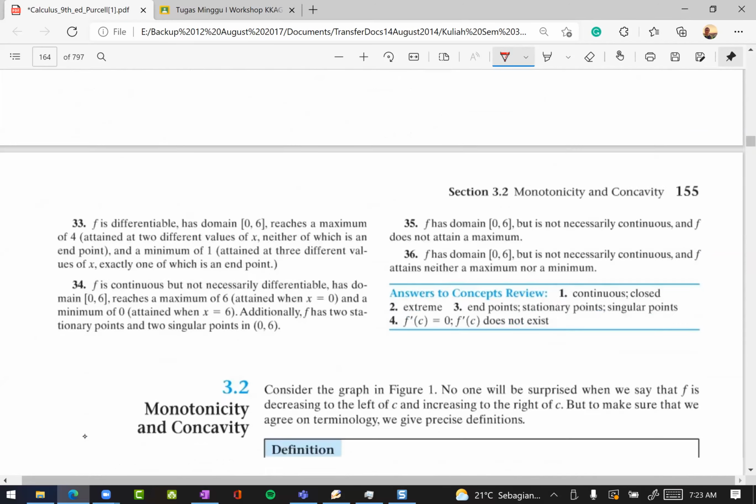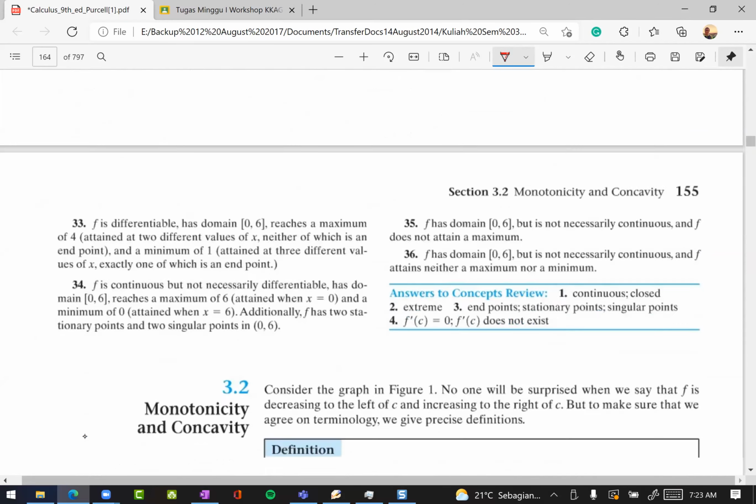If the derivative is positive, f is increasing. On the other hand, if it's negative, f is decreasing.